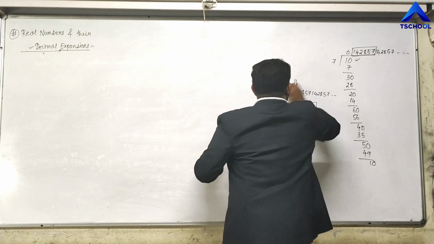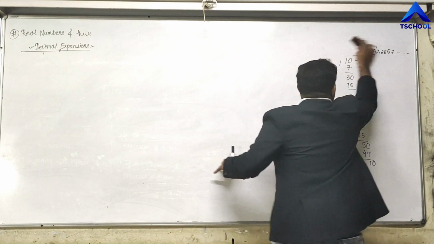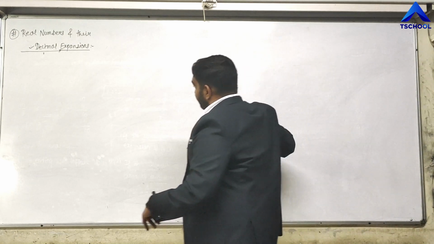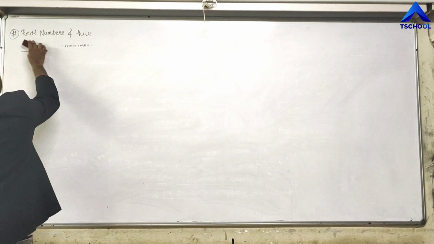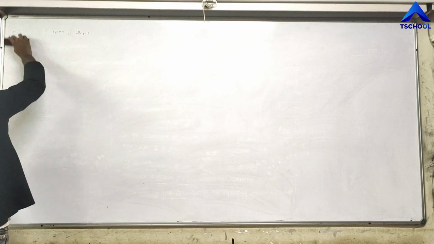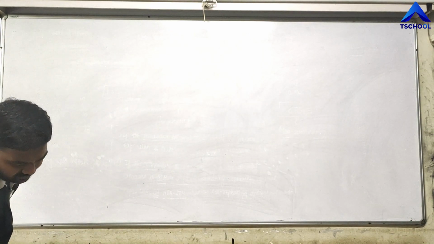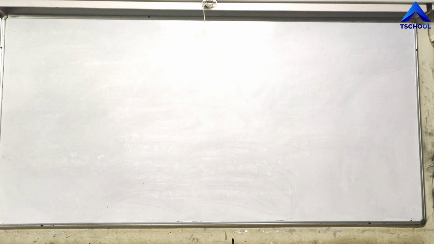In that way we get a decimal expansion. Now in this topic we are going to study how to convert a decimal number into a rational number.